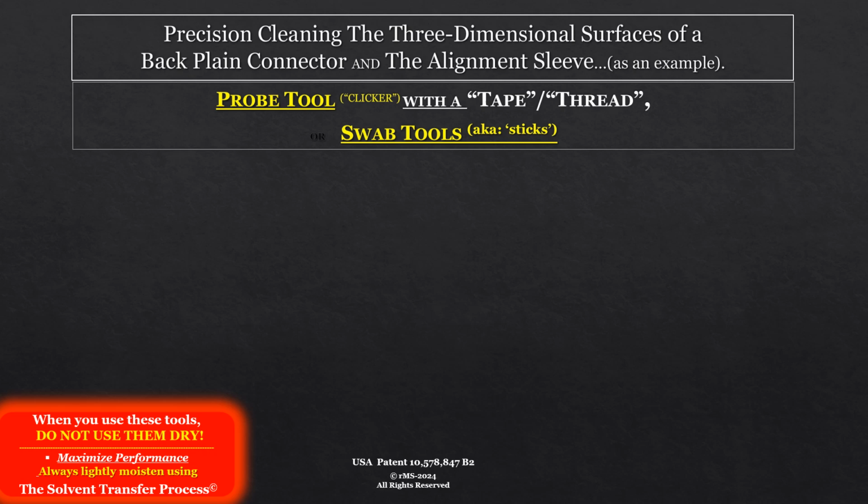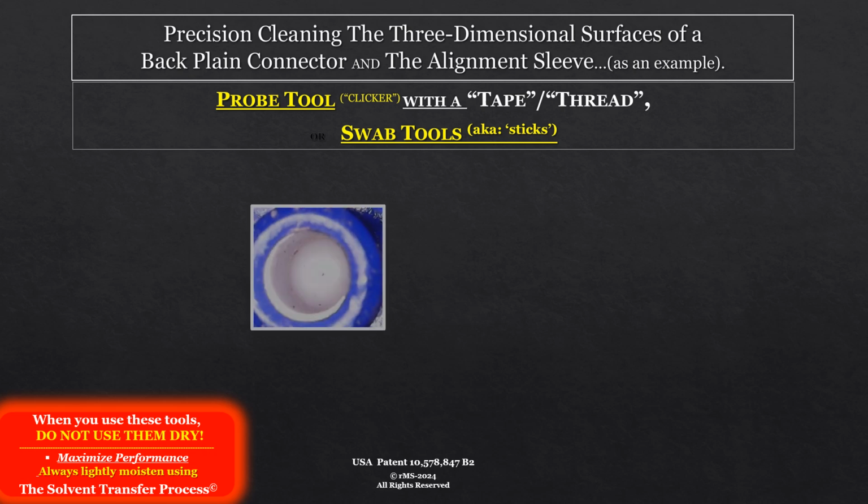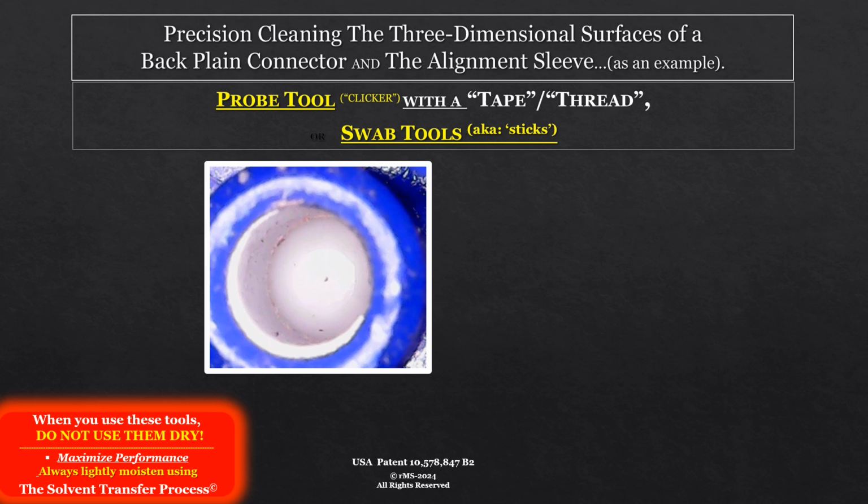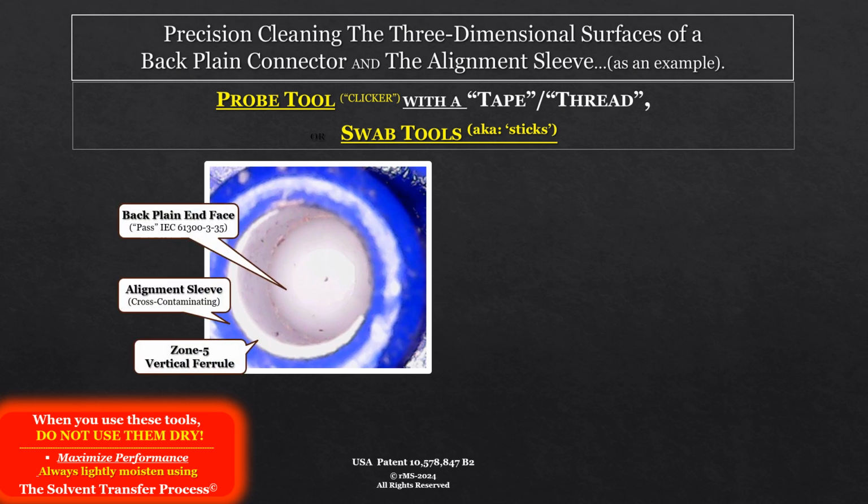Let's talk about precision cleaning the assembly, that is the jumper side cable, the backplane cable, and the alignment sleeve. So let's do some definitions here. This is an end face, and it is pictured in the alignment sleeve. As you see, the actual end face is clean per the IEC standard.